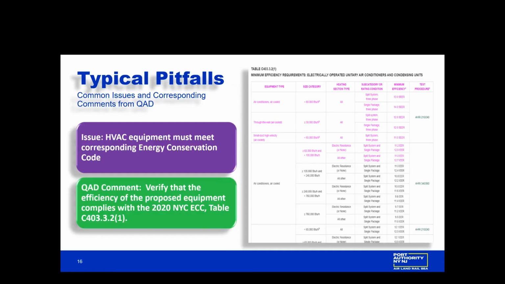In the code, there's usually a table, illustrated here, for minimum efficiency of particular equipment, like a rooftop unit, and you can see whatever unit you have and the efficiencies that are required by code. Next slide, please.